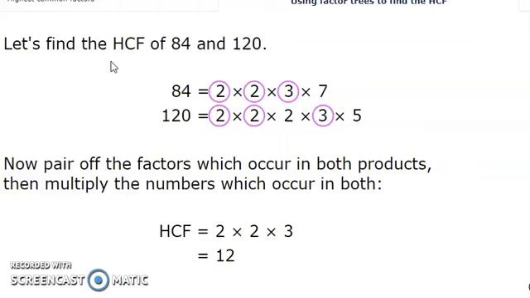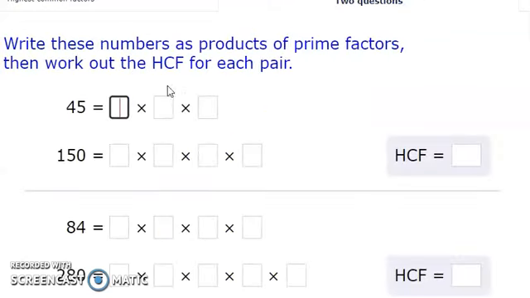This is how you find the HCF of two given numbers. Hope my explanation was clear so far. Here are some questions for you.